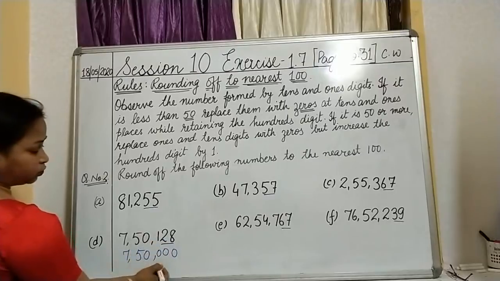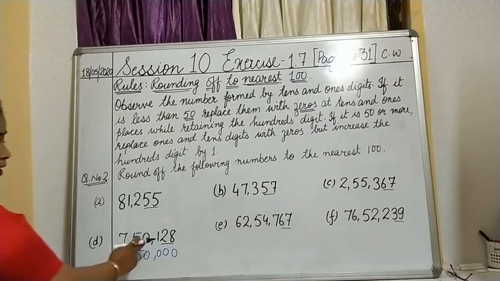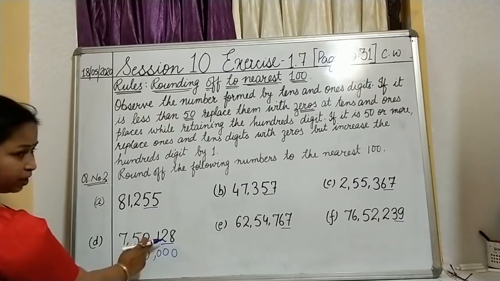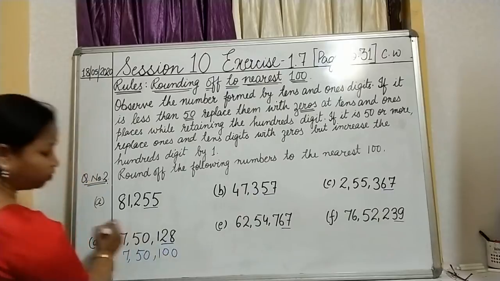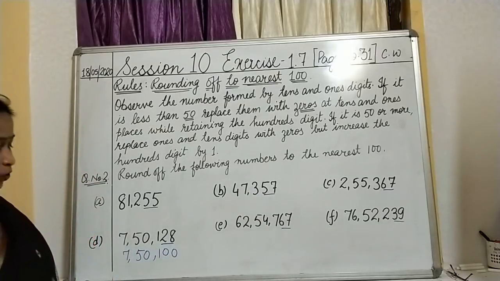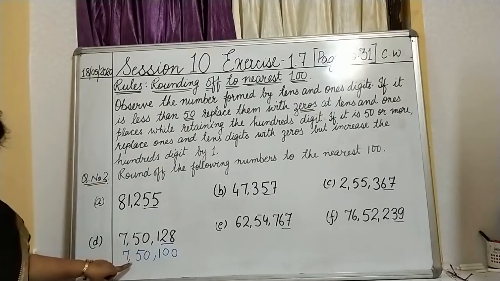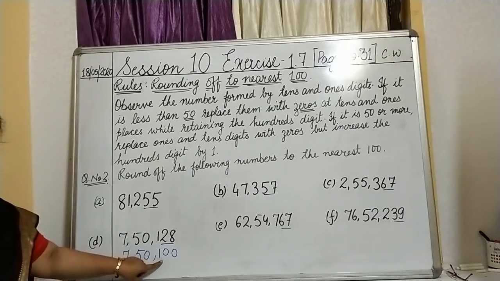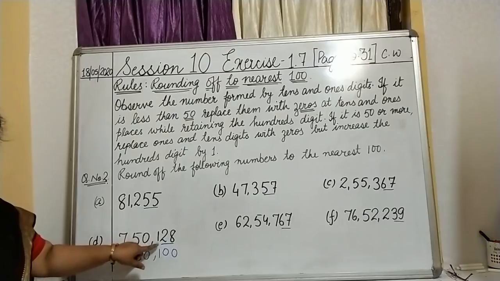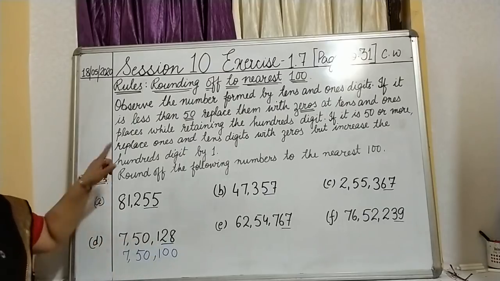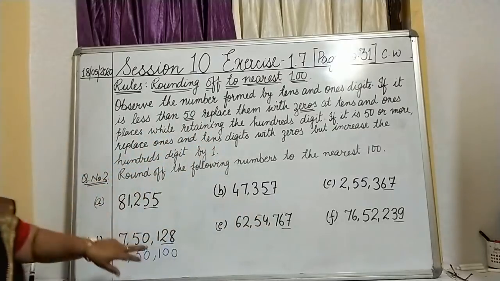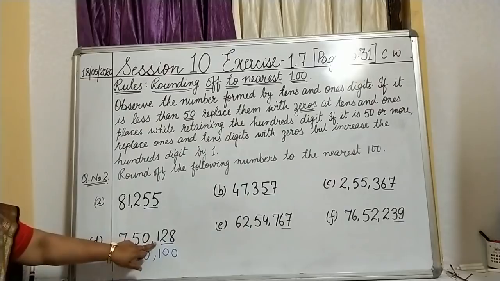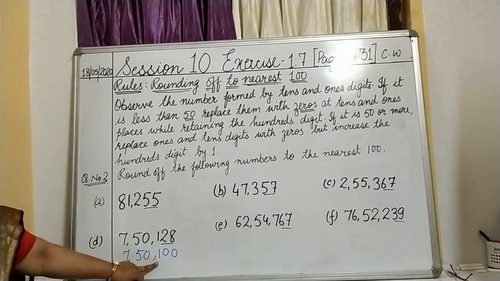So we replace this 28 by 00 over here, and the digit at 100 place we have to write down, 1 over here. Understood? So it is 7,50,100. We are not supposed to change anything over there. Why? Because it is written to replace them with zeros while retaining the hundreds digit. What is present at 100 place? 1. So what we will do? We will write here 1. Understood? No confusion now?